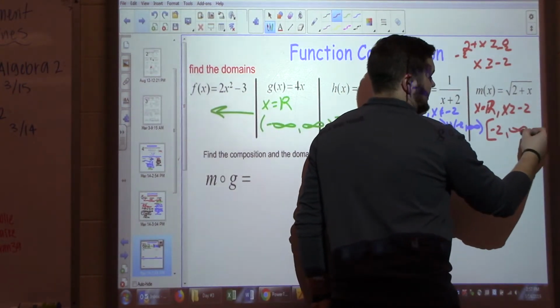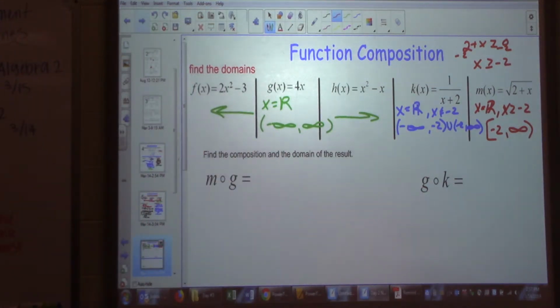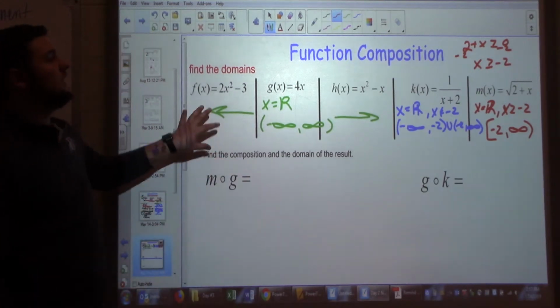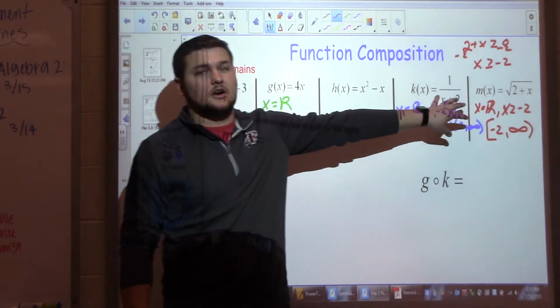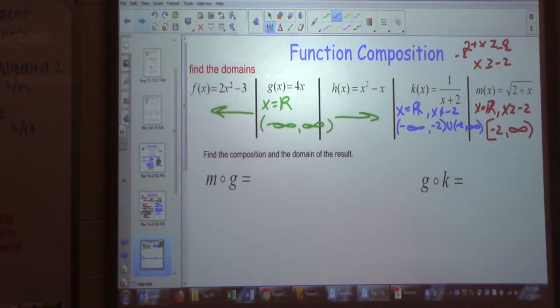My interval notation, I know I'm going from negative 2, I'm including negative 2, it can equal negative 2, so I put a bracket, and then anything greater, so it's up to infinity. Any questions on these domains? Any at all? Nothing? Alright.